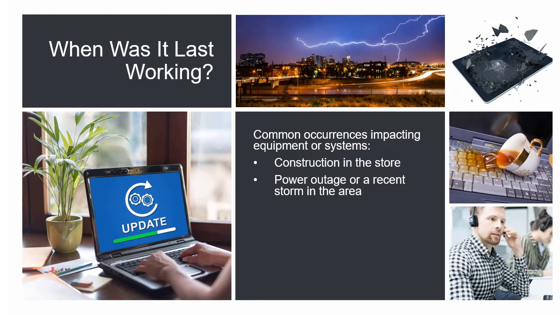Other things that can cause problems in the store, even problems in the network, is like if there's construction going on in the store or power outage, or even if they've moved the equipment around, like they've moved a hardware to a new location. Maybe it's using an Ethernet jack that's not really working in that location.